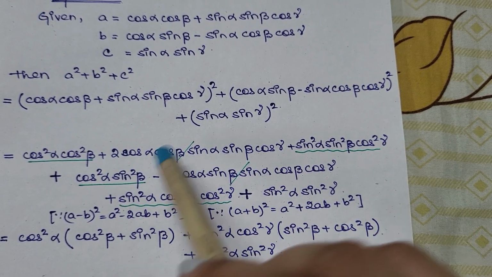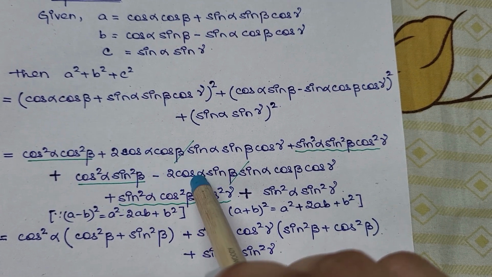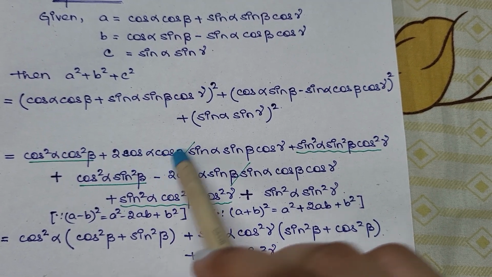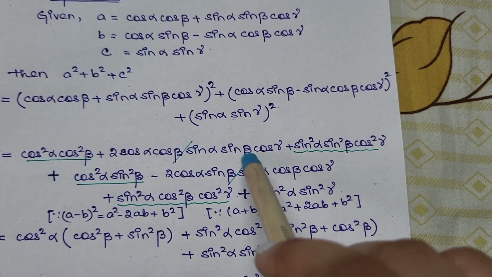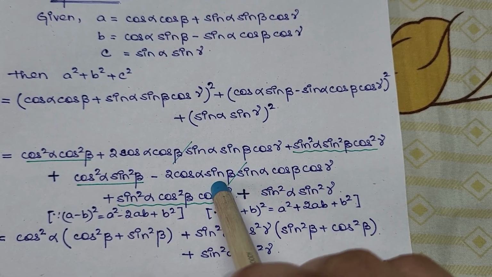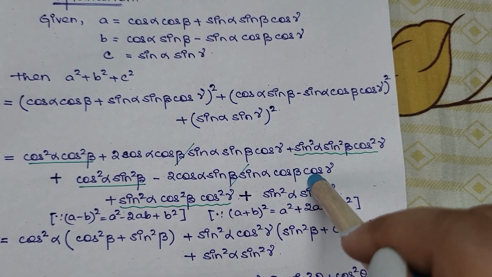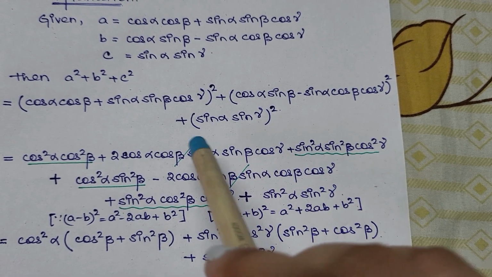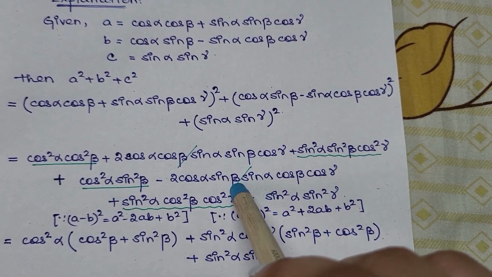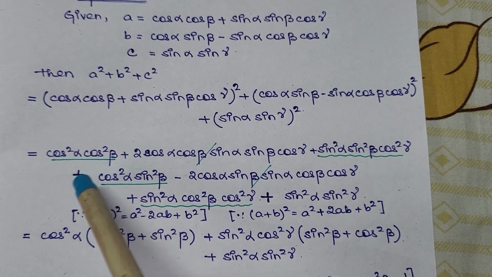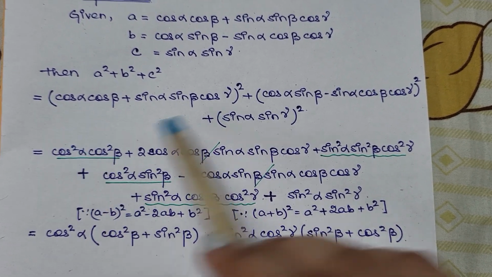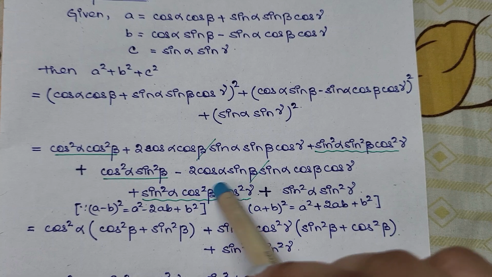We have cos alpha, we have cos alpha here. Cos beta, we have cos beta here. Sin alpha, we have sin alpha here. Sin beta, we have sin beta here. Cos gamma, we have cos gamma here. Hence, we can say that these two terms can be cancelled out. So, we are left with 1, 2, 3, 4, 5.